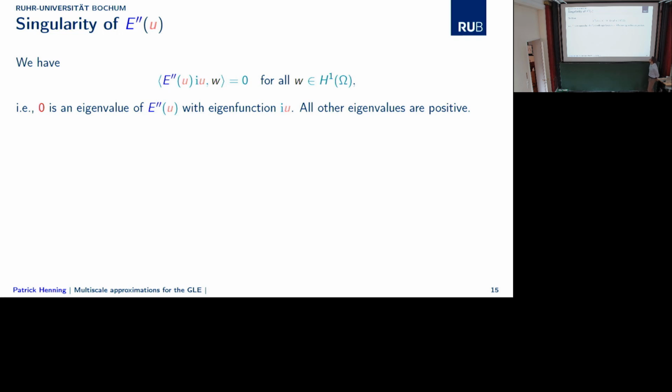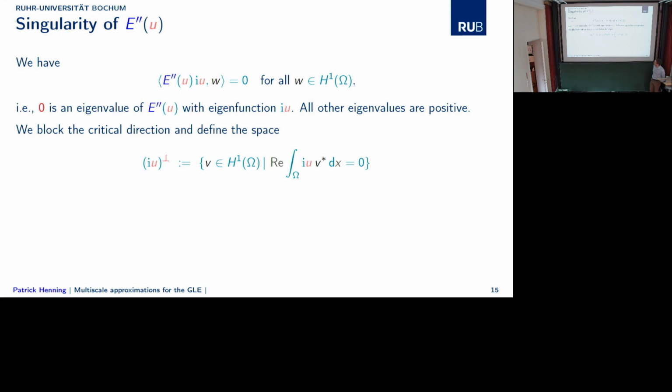Okay, so 0 is an eigenvalue, but if we have local uniqueness, aside from these so-called gauge transforms, then all the other eigenvalues are positive, which means that we can consider the orthogonal complement of this eigenfunction and just do the analysis on that orthogonal complement.